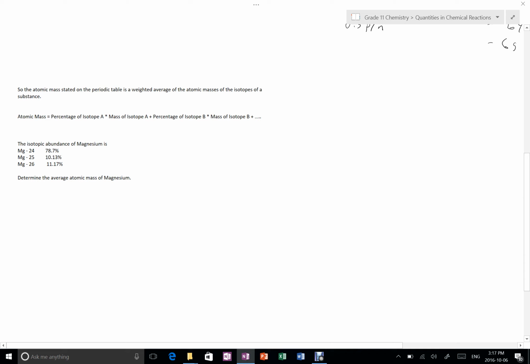Let's do magnesium. The molar mass of magnesium: it's 78.7% magnesium-24. So again, I convert that into a decimal, 0.787, and I'm just going to use 24 because that's close enough.